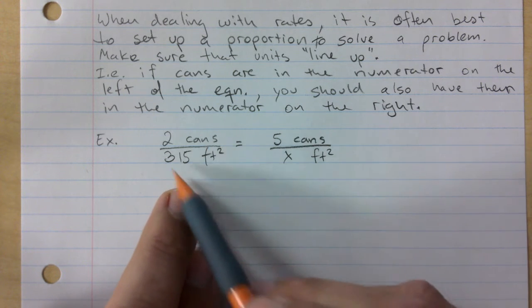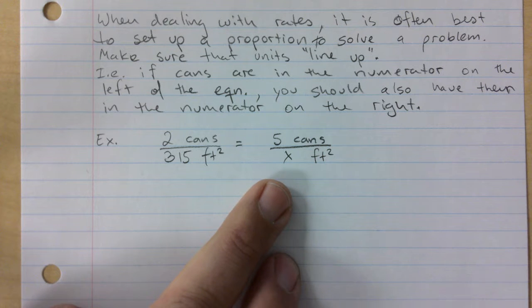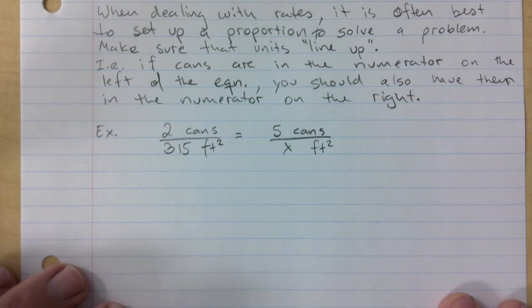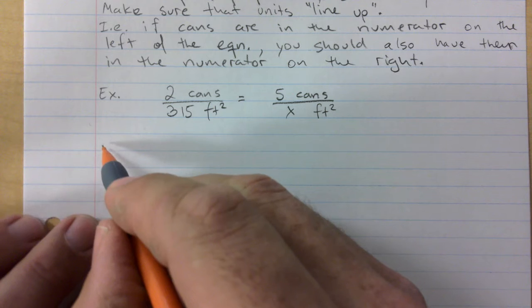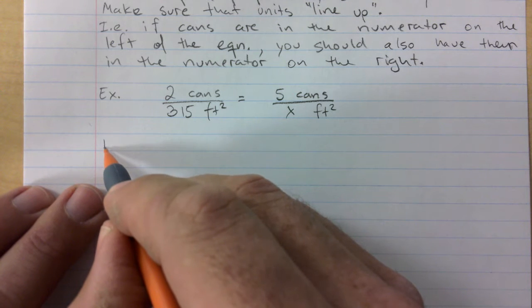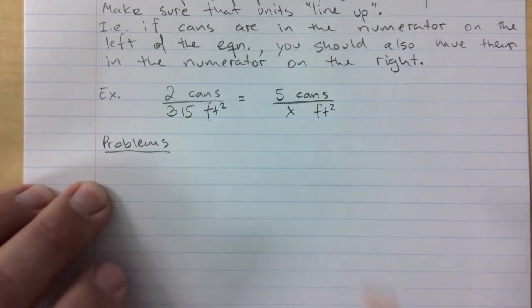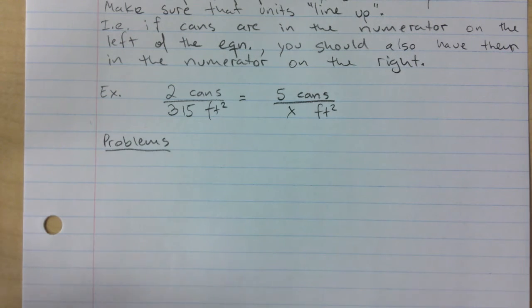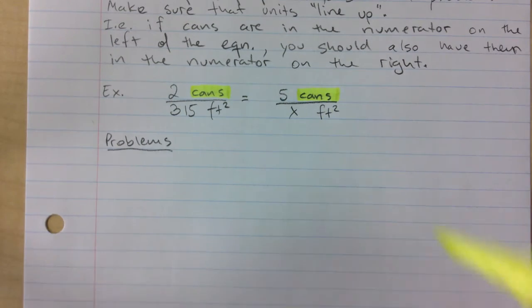So it's kind of like, if this is a rate, you can extrapolate and predict what it's going to be for more or even less, right? We know that cans line up here, so you can't just all of a sudden decide to have cans in the denominator on the right hand side of that equation.